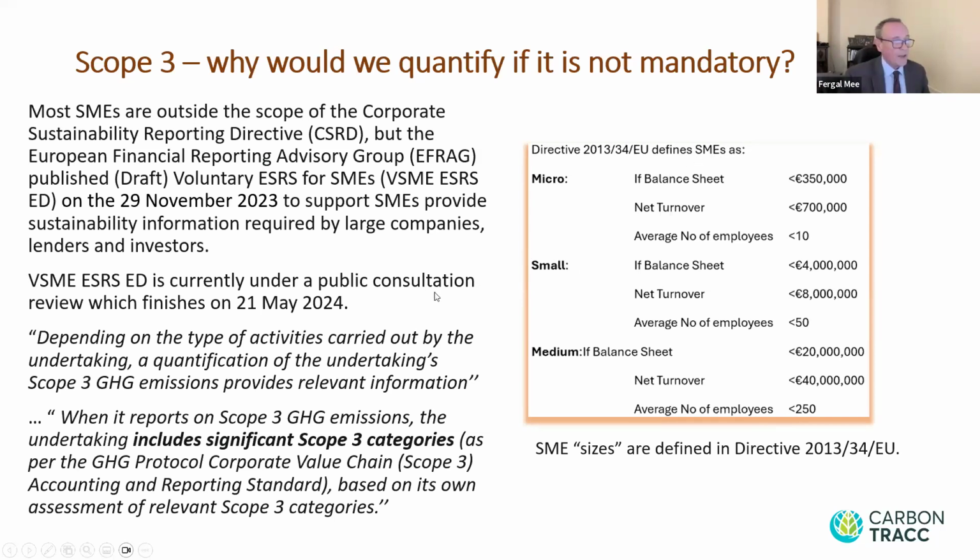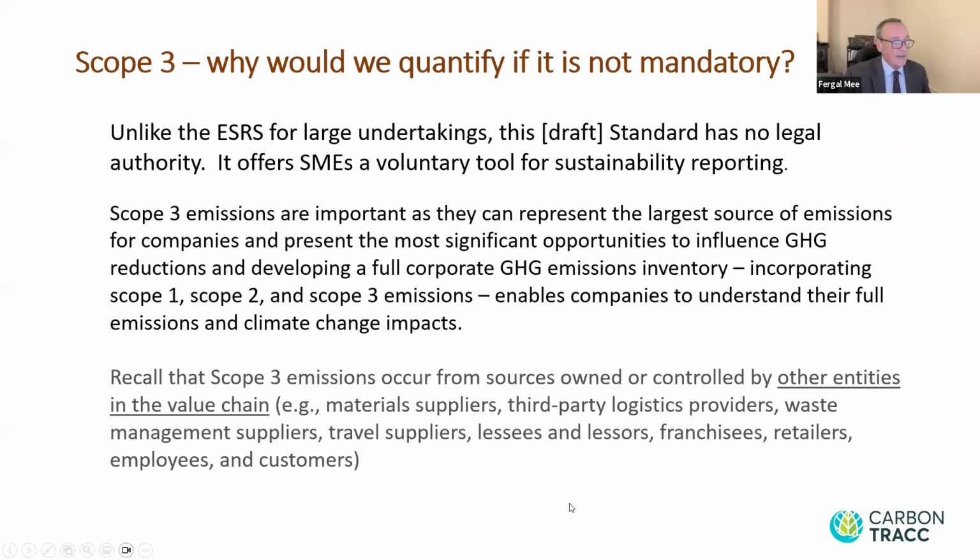The M means micro enterprises. So these company sizes are categorized in the directives listed there. Unlike the ESRS, the standards for large corporates, the draft standard has no legal authority. It offers SMEs, or more precisely MSMEs, a voluntary tool for sustainability reporting.